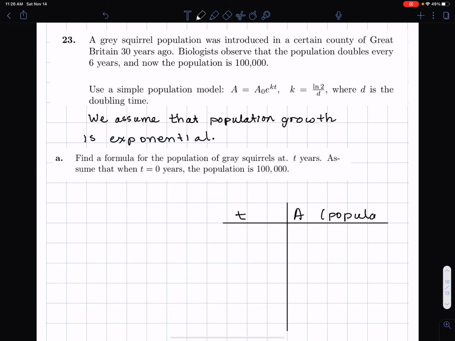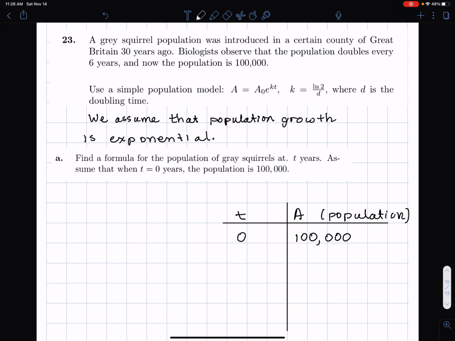I want to assume that at time 0 we have 100,000. Someone might say, hold on, I thought time 0 was 30 years ago. But just to make this problem easier, I'm going to say at time 0 we have 100,000, because that's the number given to us. Right now it's 100,000. So let's just go with this.